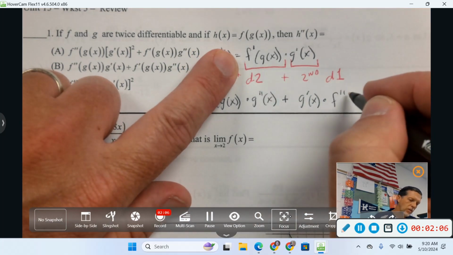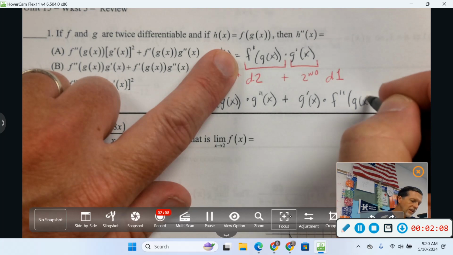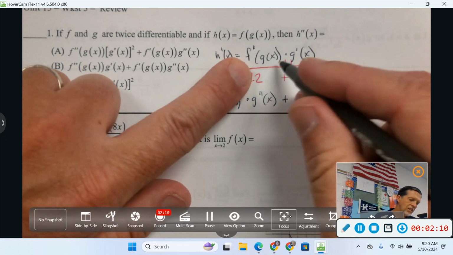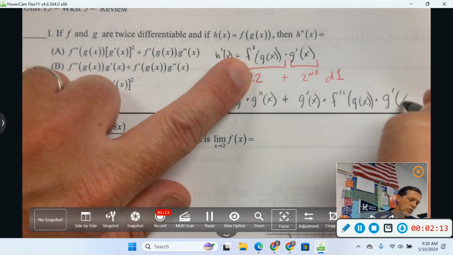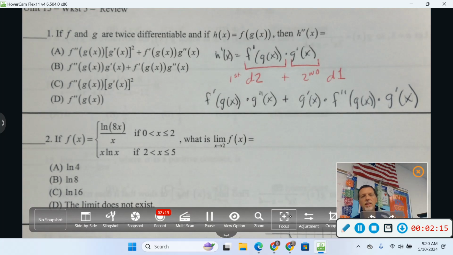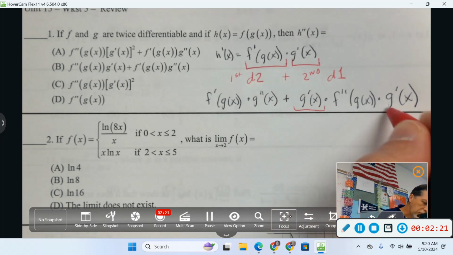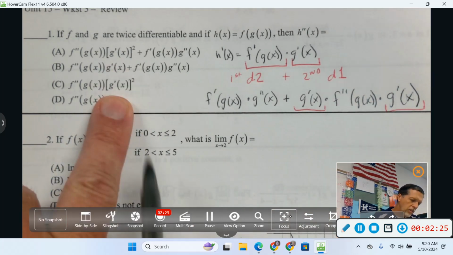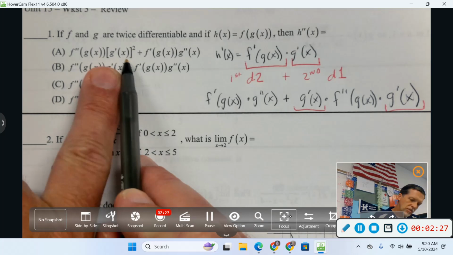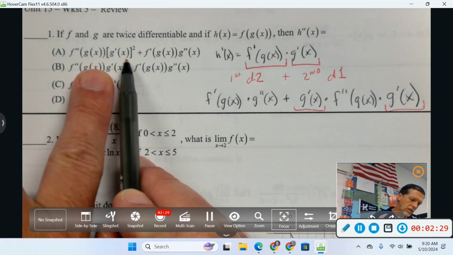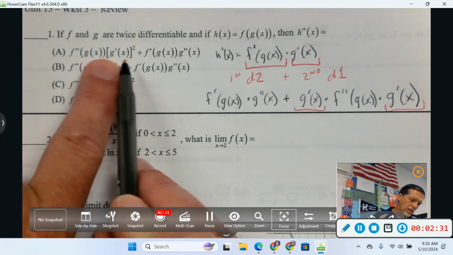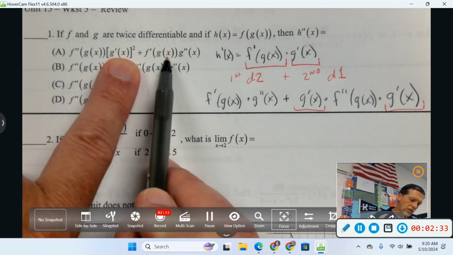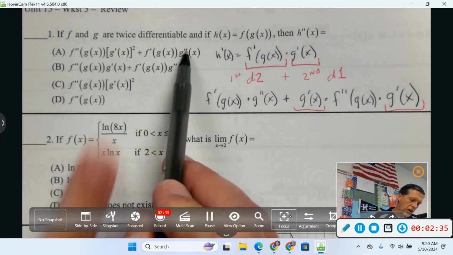So the second derivative, but leave the inside alone, and then times the derivative of the inside, so g prime of x. So that is a mess. I do see that I have g prime times g prime, so that's a g prime squared. So that maybe is a g prime squared f double prime g of x plus f prime of g of x times g double prime.